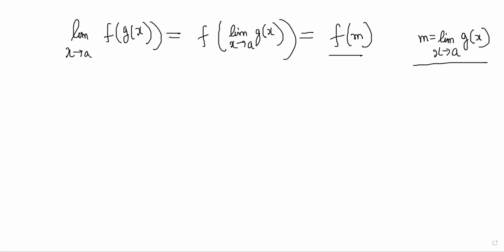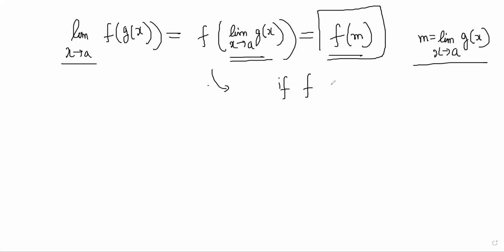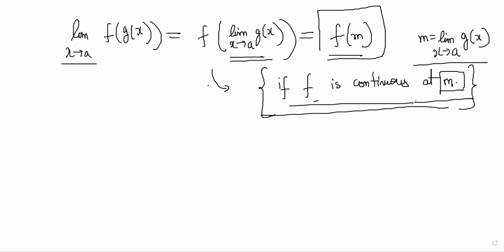But this rule is only true, this is an assumption, that you can take the limit inside. And this rule is only true if f is continuous at the value m. What we don't know right now is the meaning of continuity. We will cover this later. When we discuss continuity, then we'll know what this means. So for now, just remember that you can do this in some special cases.